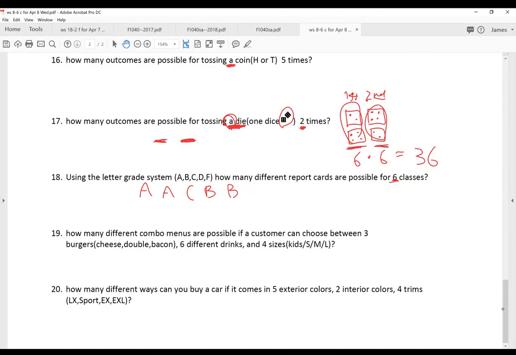No, 6 classes, right? So there's period 6. So there's one possibility for one report card, but there's many other possibilities. Someone could get all A's, someone could get all F's. So how many different report cards are possible? Yeah, we don't need to count these in real life, but we're just using it as an example.